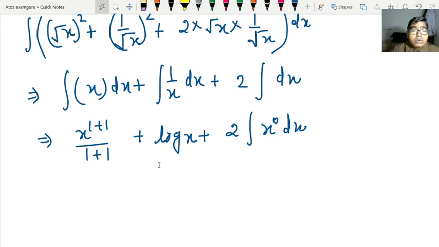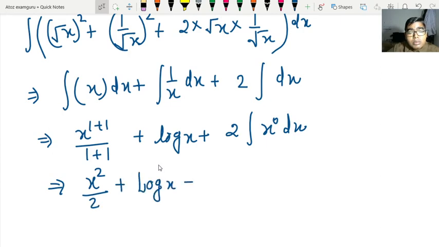So you can write it as twice of x to the power 0 plus 1, by 0 plus 1.